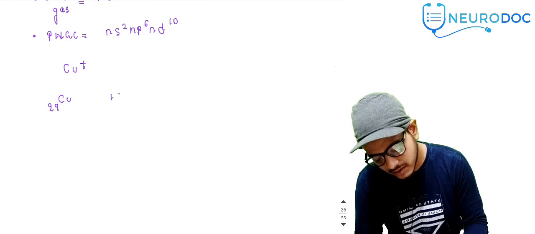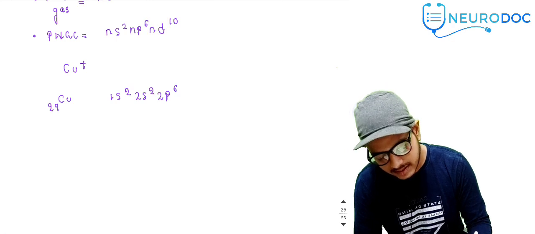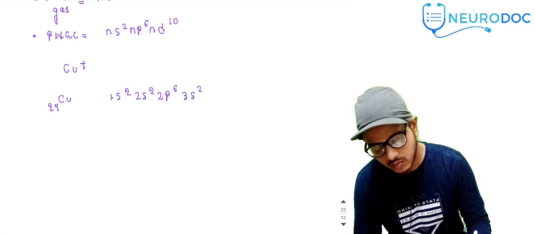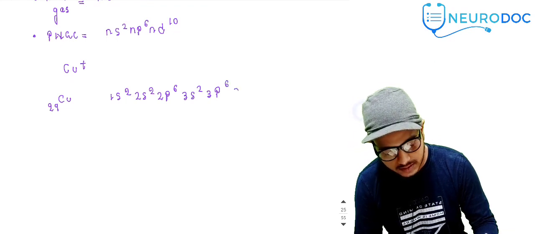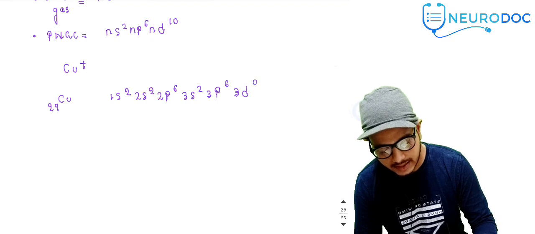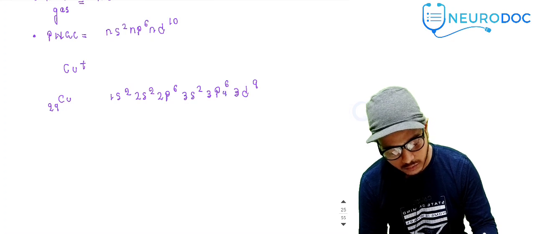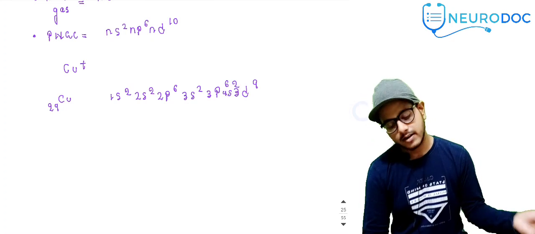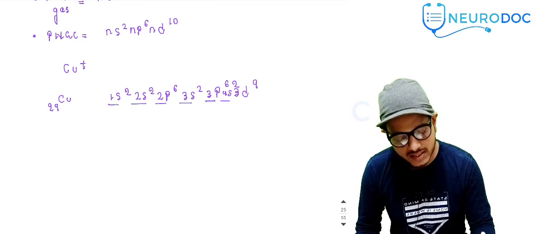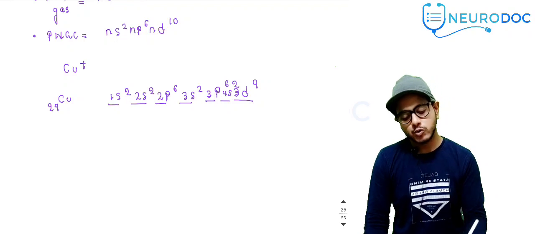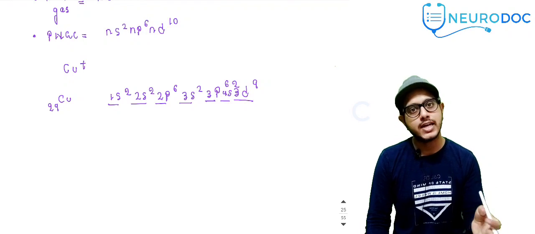So its configuration is 1s2, 2s2, 2p6, 3s2, 3p6, 4s2, 3d9. Now, as you know, the order is 1s, 2s, 2p, 3s, 3p, 4s, 3d. So 1s2, 2s2, 2p6, 3s2, 3p6, 4s2 first, then 3d9.